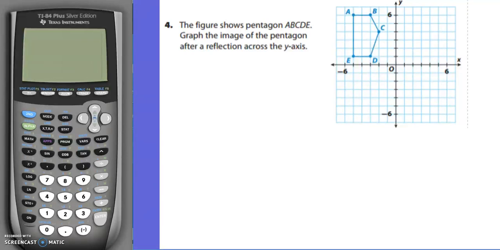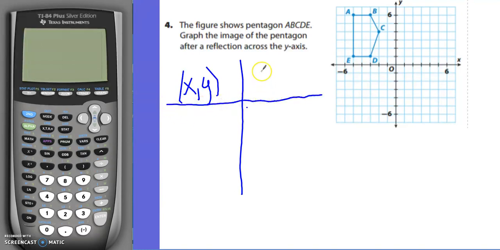So the figure shows the pentagon A, B, C, D, E. Graph the image of the pentagon after reflection across the y-axis. Okay, so this time we're reflecting it across the y. So that means the y value is going to stay the same. That means we're going to take the opposite of x, and it's going to look like this.